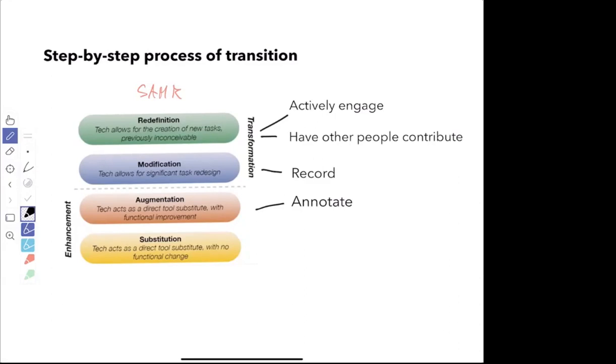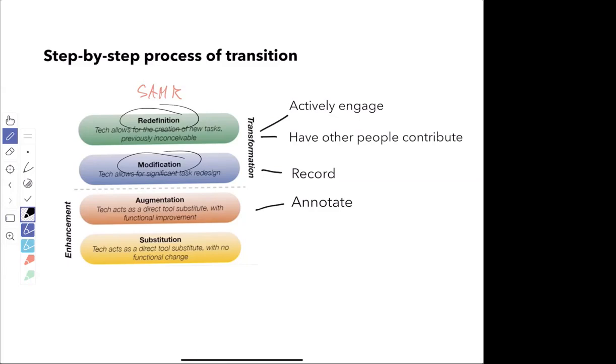Again, this idea of redefinition, which is things that were previously inconceivable to do in your classroom are now possible with technology. Then the idea of how we can modify some of our more traditional types of teaching methods, to make things a little bit more interactive and collaborative and more significant to the modern classroom.